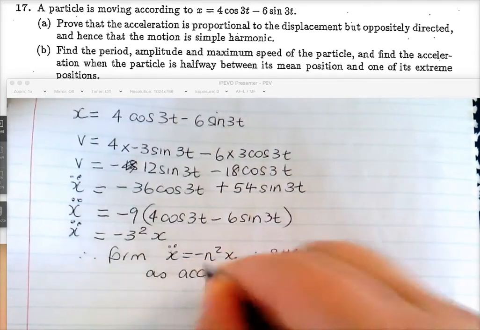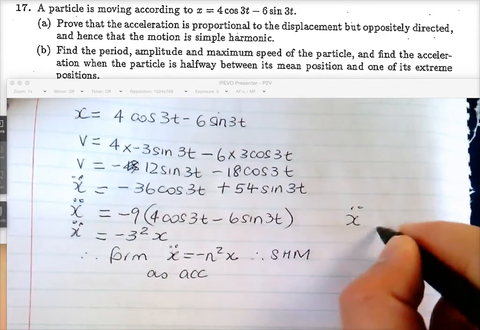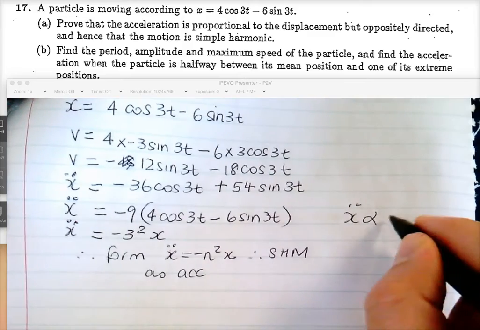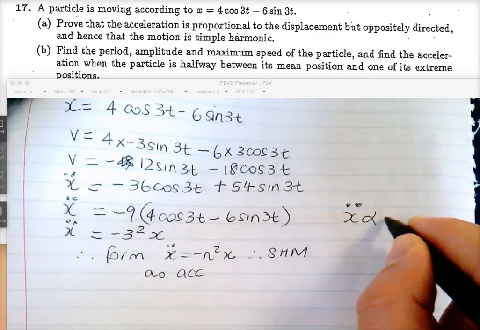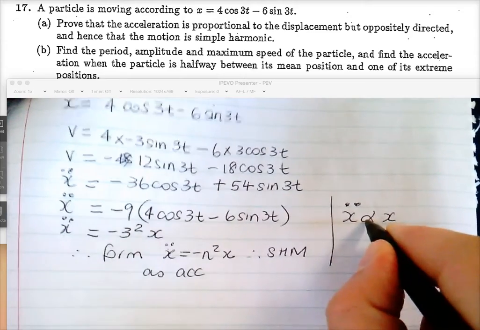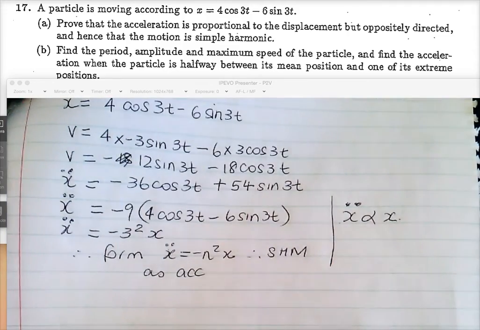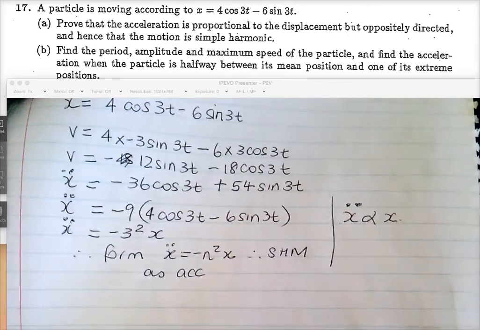As acceleration, all right, this is what proportional means. That's the proportional symbol. Acceleration is proportional to x. But when you replace, we know that as one gets bigger, the other one gets bigger. That's what proportional is. Or when one gets smaller, the other one gets smaller.